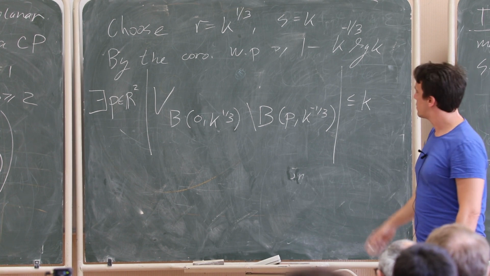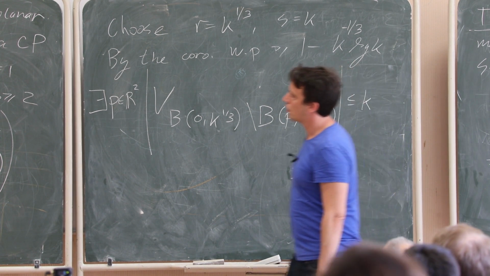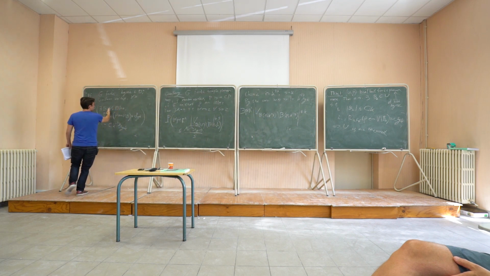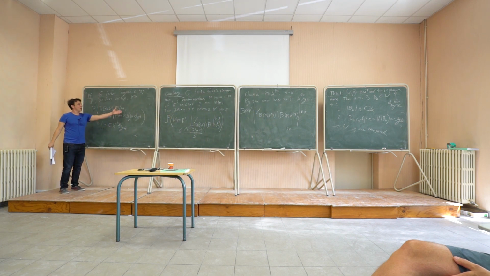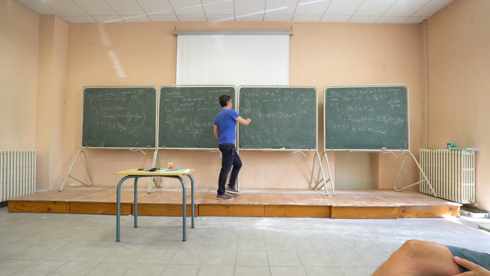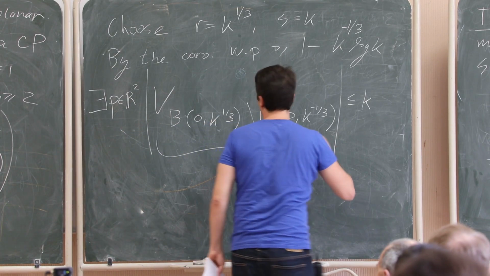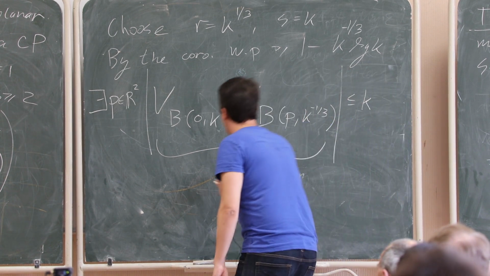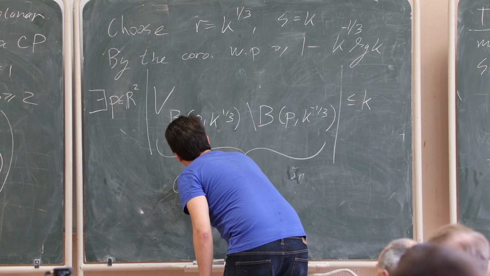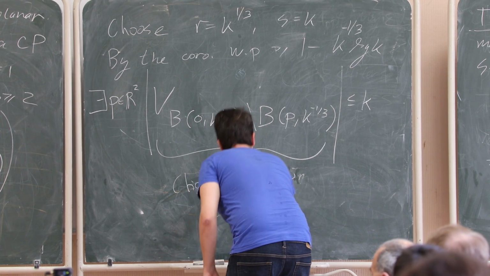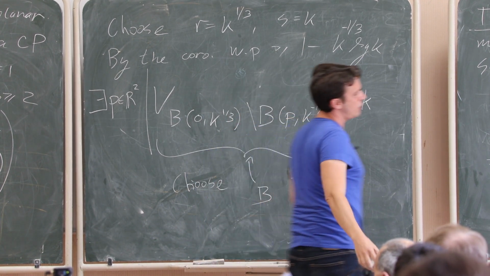So this is an application of the corollary. What I want to prove is that there exists a B with at most k points such that something happens. So obviously, I'm going to choose B to be this set, B, which depends on k. So what is the picture?